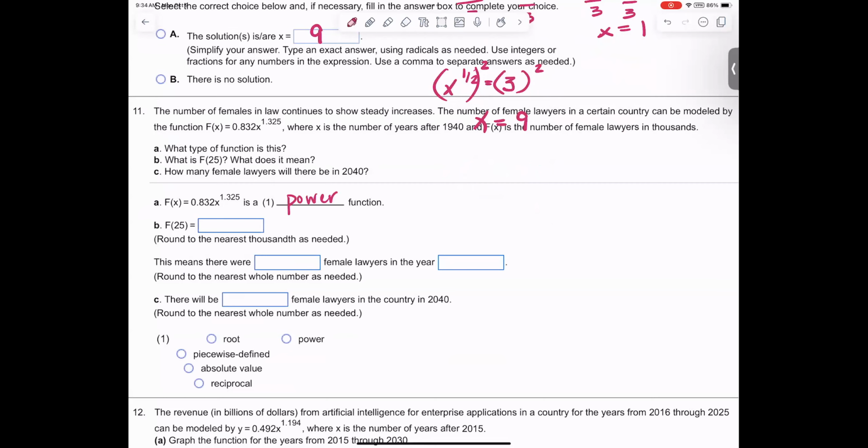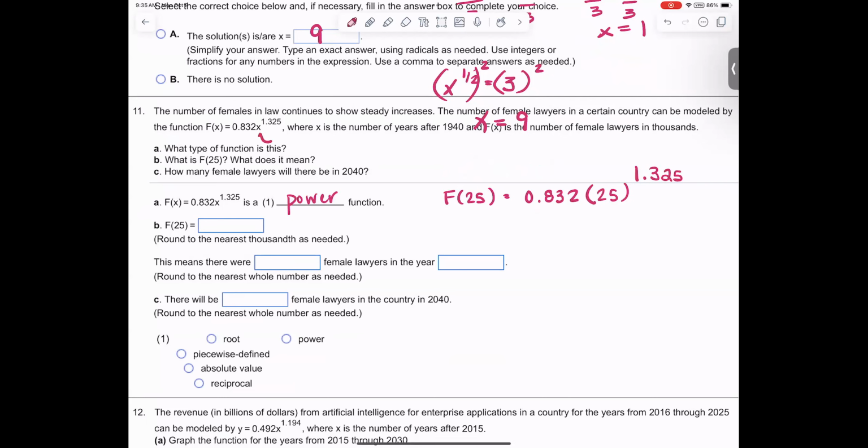All right, what is f of 25? Well, you can certainly evaluate this function at 25, which is probably what I would do. f of 25 is equal to 0.832 times 25 to the 1.325 power.